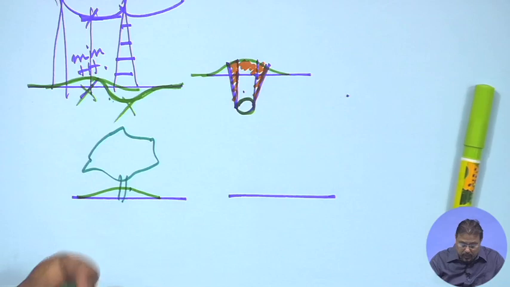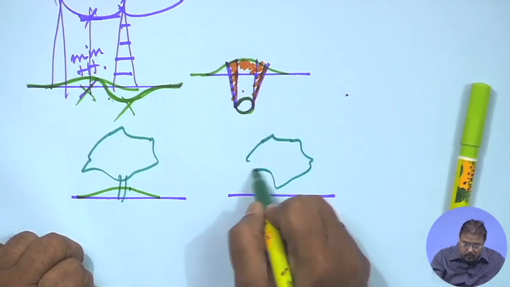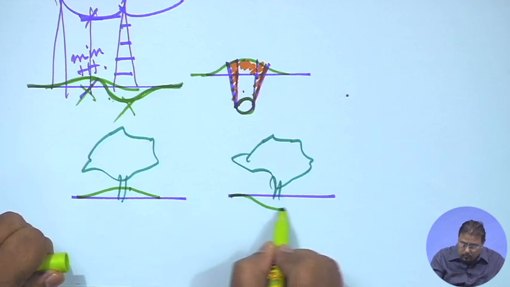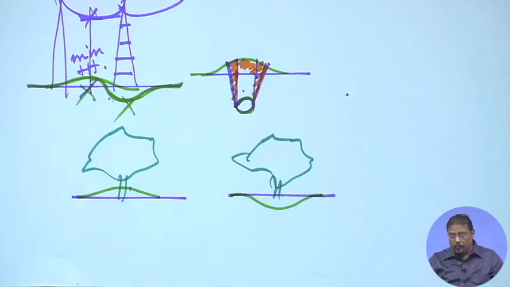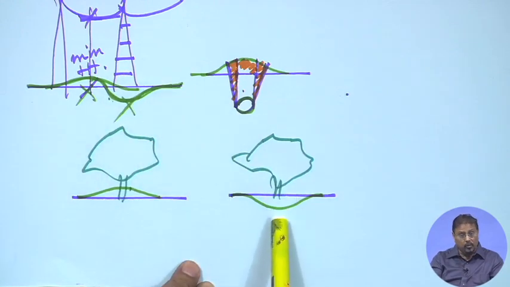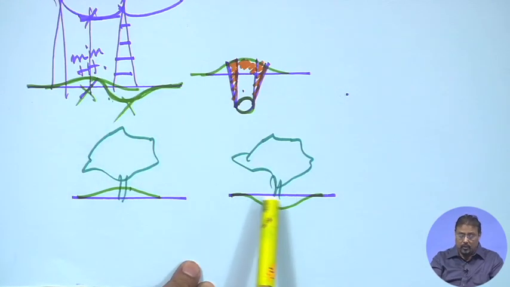Number two, you have a vegetation here, you are advised not to lower the soil below. Two different reasons. This reason is very well understood: if you lower this particular soil, then you are making the root structure bare.